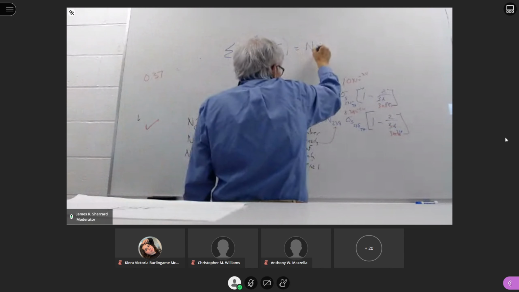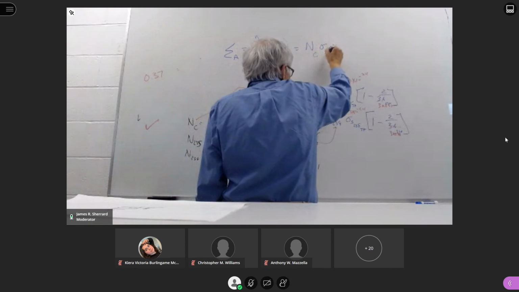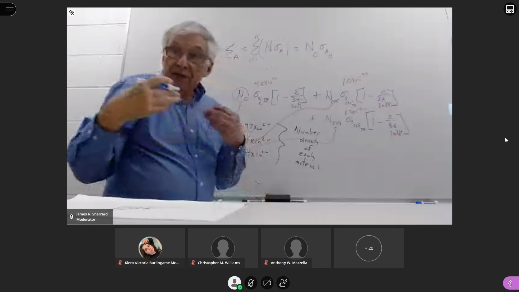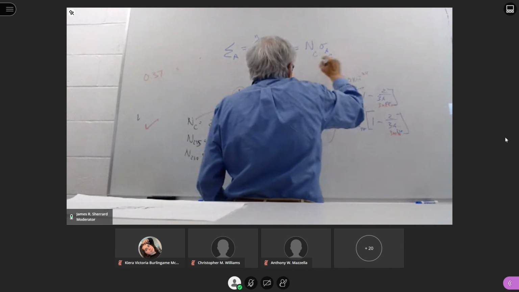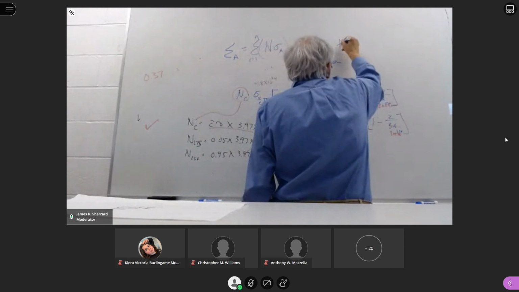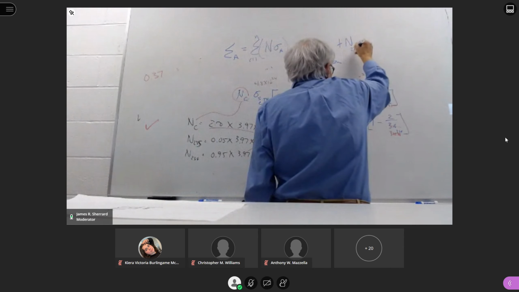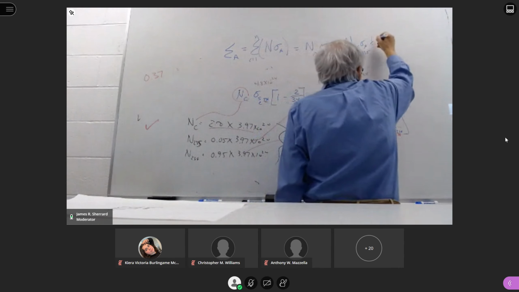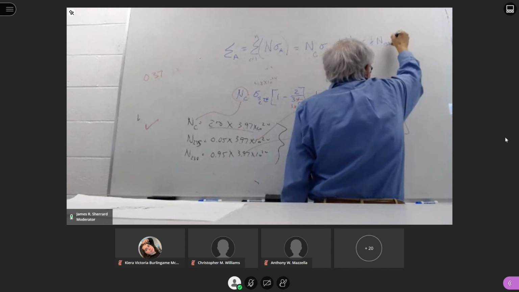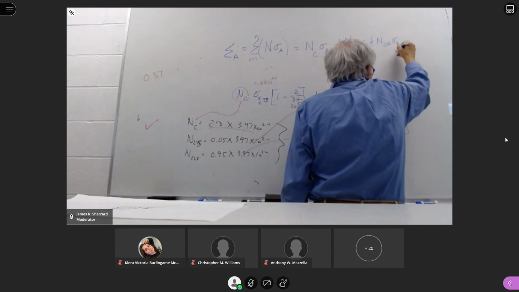So it's going to be N for carbon, sigma A for carbon. And again, this is thermal because we're considering all of our neutrons to be thermal. Plus N 235, sigma A 235, plus N 238, sigma A 238.